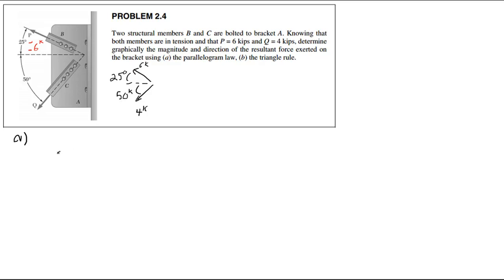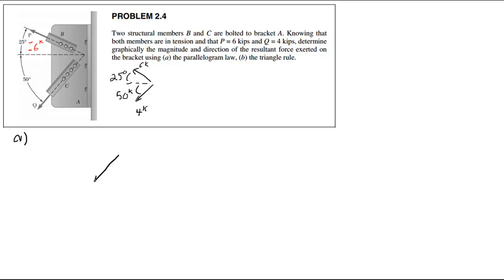So how would we do these graphically? Well, for the parallelogram method, the parallelogram method states that the resultant will be equal to the diagonal of the parallelogram. So what I could do is arrange these tip to tail. Let's start off with Q here, or we could start with P, it doesn't really matter.